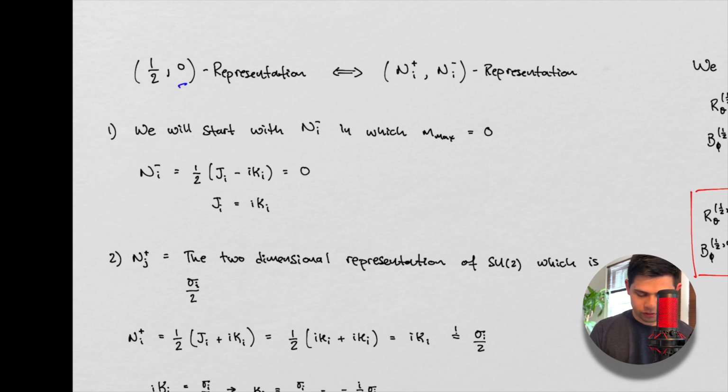So if we have 0, that means this guy right here is going to be equal to 0. Okay, so that means, well, if this guy equals this, then this guy equals 0. So Ji equals i times Ki in this representation, right? So in this representation, we have this to be the case.